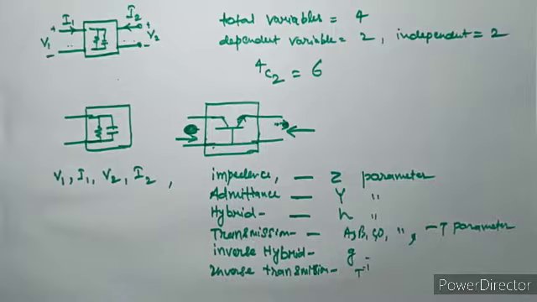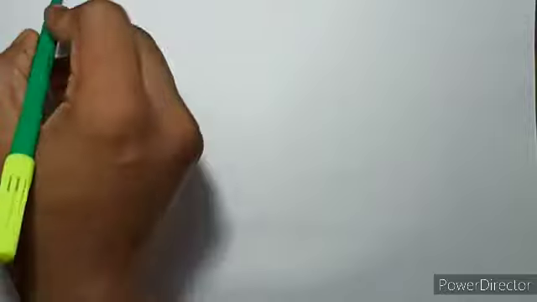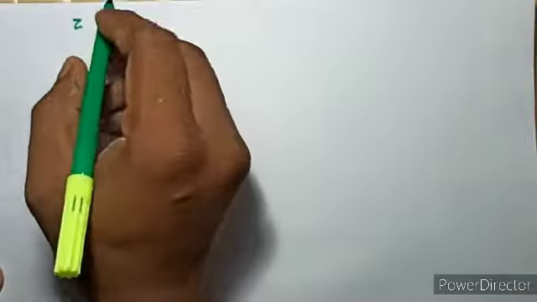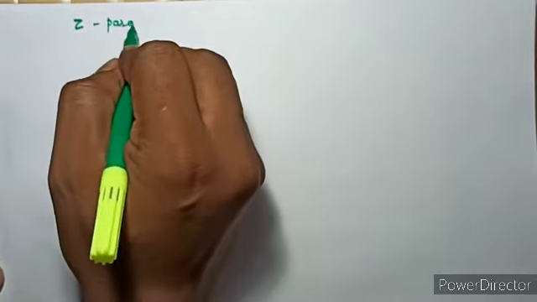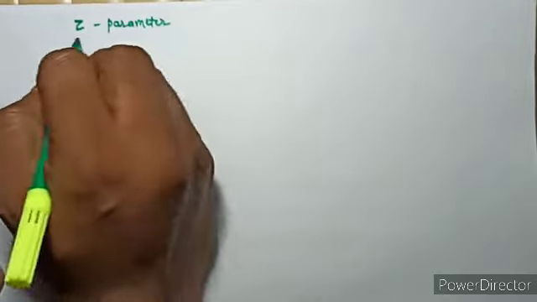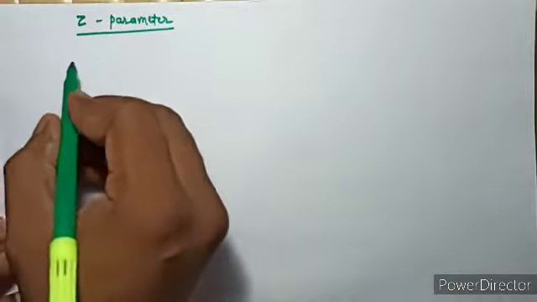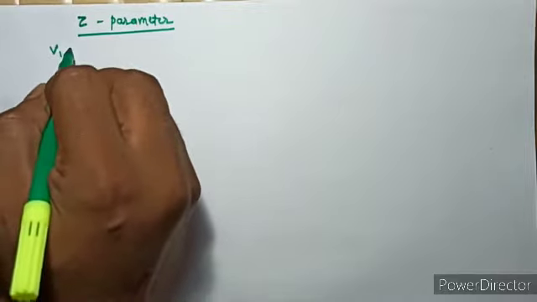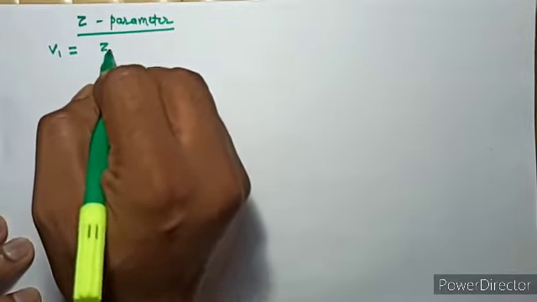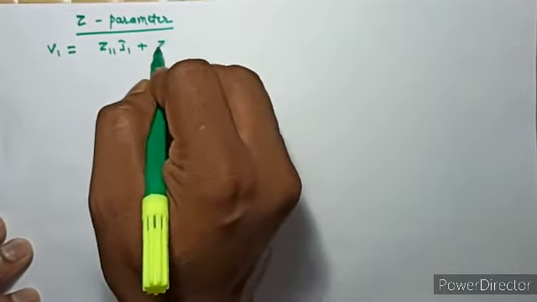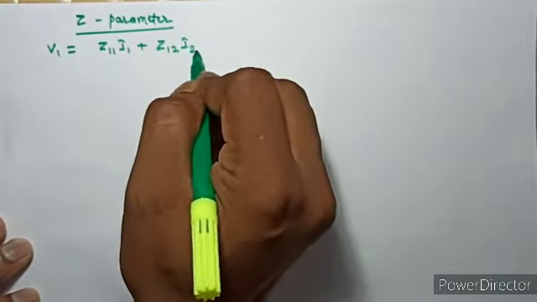Now let us have our first parameter, which is the Z parameter. In this characterization, we have relations to characterize the network as V1 is equal to Z11 I1 plus Z12 I2.